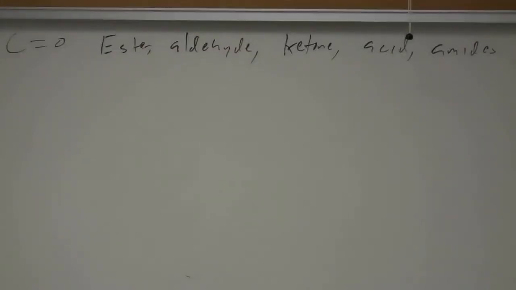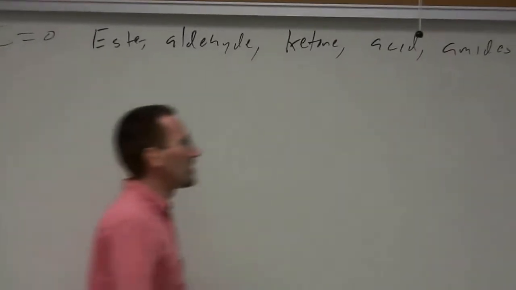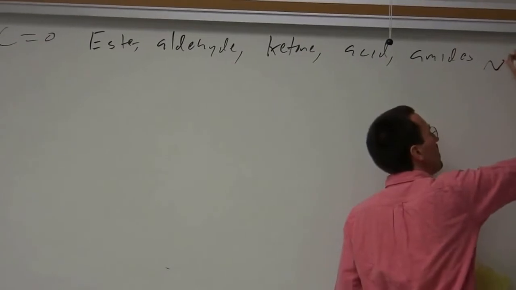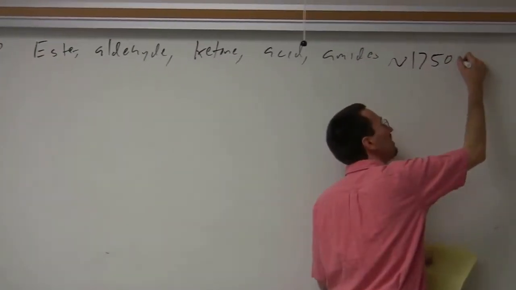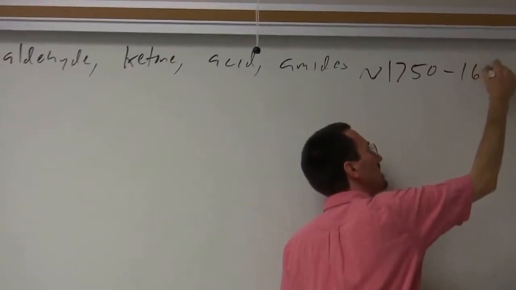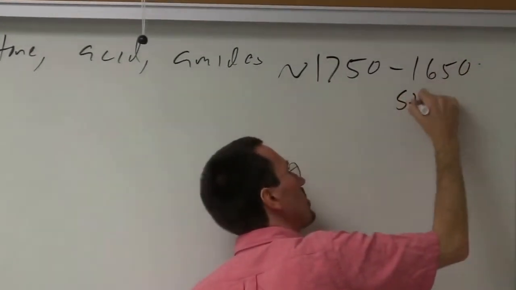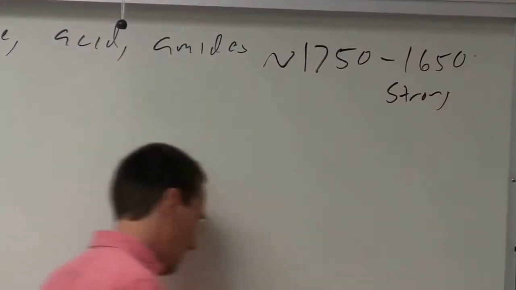And I've written them in general in order of decreasing frequency. So for this particular group with normal, non-unusual carbonyls, let's say 1750 to 1650, and we're generally talking about strong.